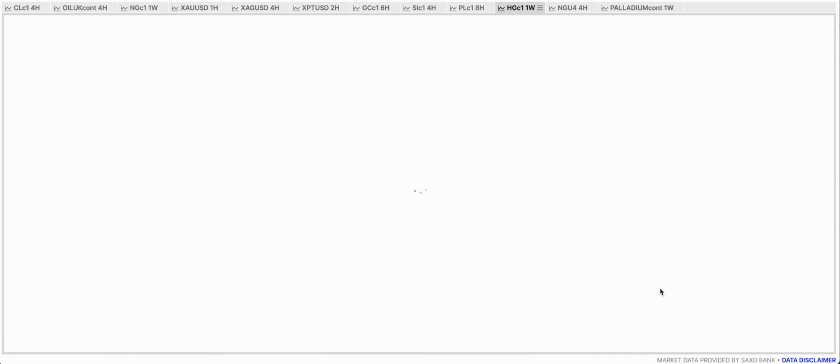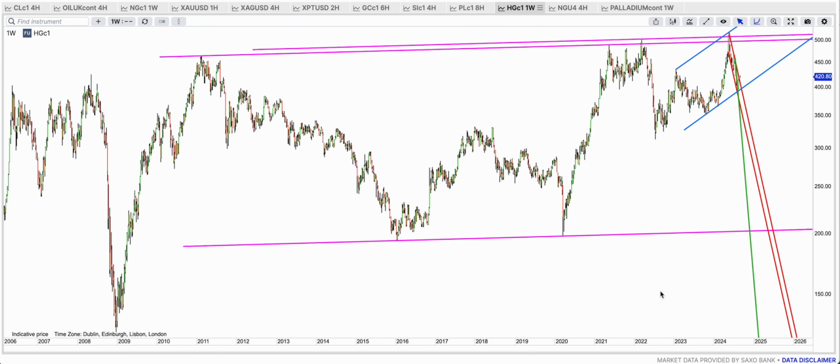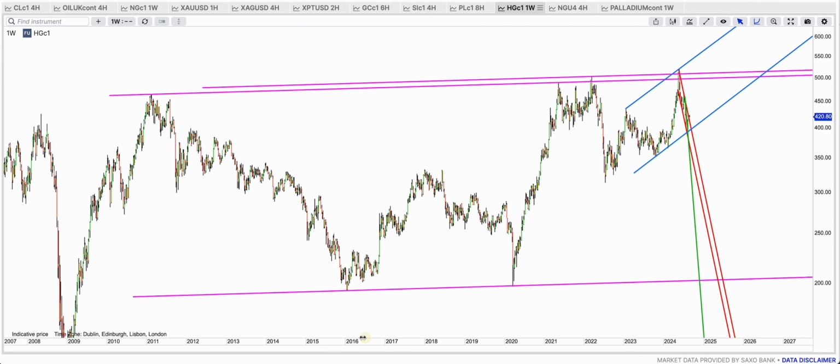Maybe you can see here on this long-term chart, this is the high of 2011. We got to that level at 500, 510. That's where we reversed. Now, is it going to get to that 500 level inside the blue uptrend and smash through? That is the big question.